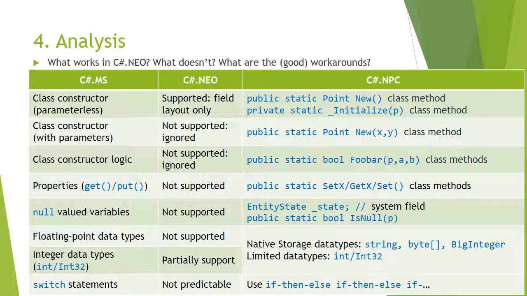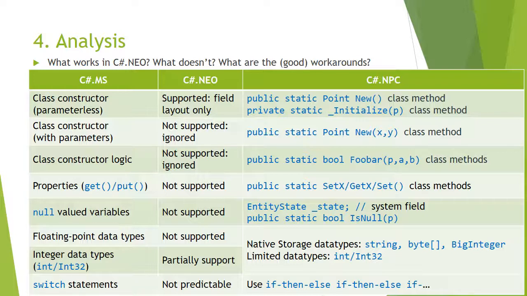At the bottom here, switch statements, their implementation is not predictable. So in C#.npc, we recommend against them. When I say not predictable, I mean that the Microsoft C# compiler performs different kinds of optimizations at its discretion. Sometimes it compiles a switch down to an if-then-else pattern when it creates the MSIL code, and sometimes it compiles it down to an actual switch opcode in the MSIL code.